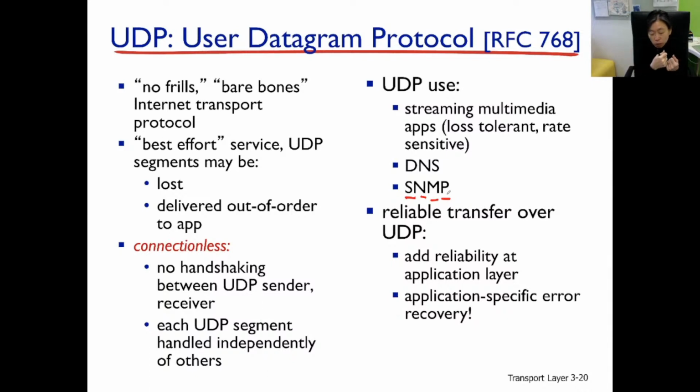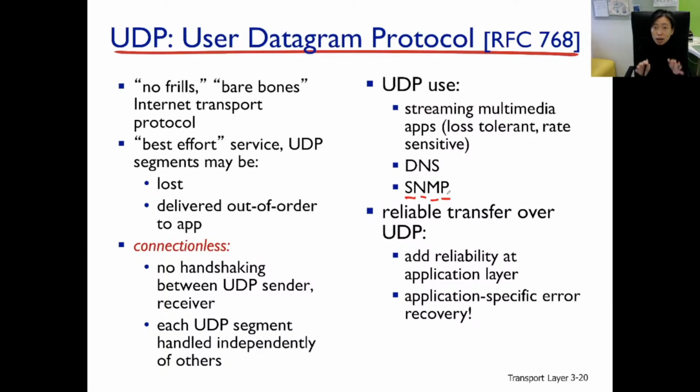We get to store packet loss rate data. We get to store available bandwidth measurement data. So SNMP defines these data structures for information that measures the performance of the internet.